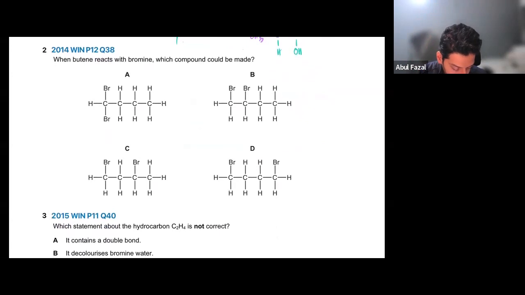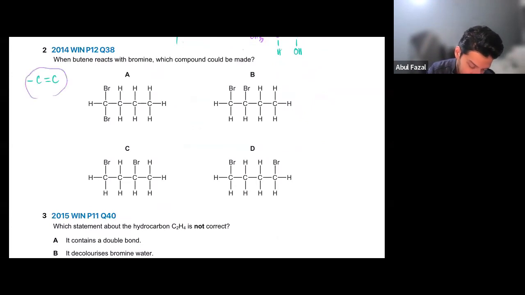All right, question number 2. When butene reacts with bromine, which compound could be made? Now, I'm not too sure why people get confused with this. Maybe people think it's trying to talk about something else.